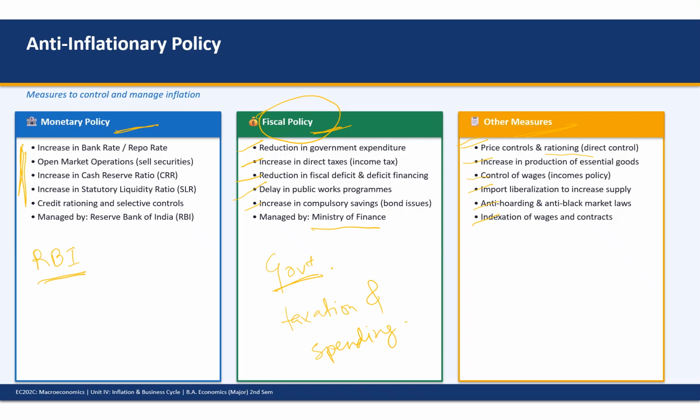So the overall idea is that inflation can be controlled from different sides. Monetary policy reduces demand through credit control. Fiscal policy reduces spending pressure, and other measures improve the supply and prevent unfair price rise.